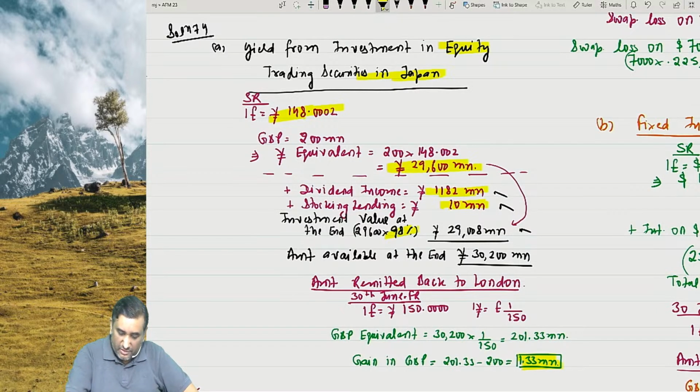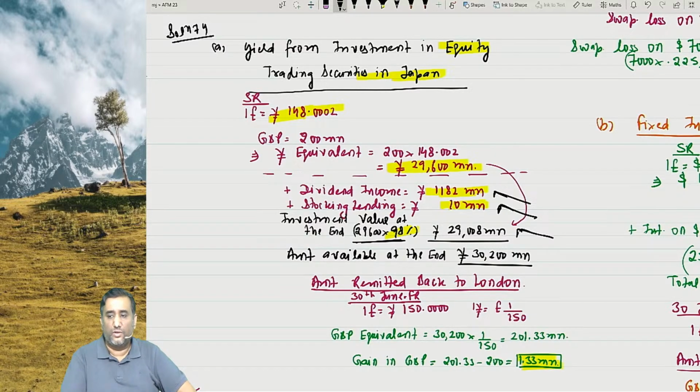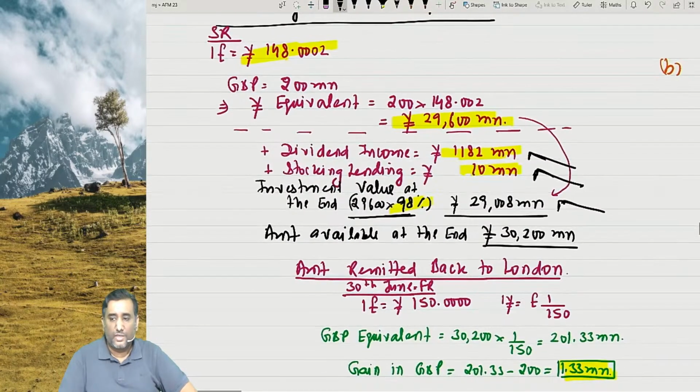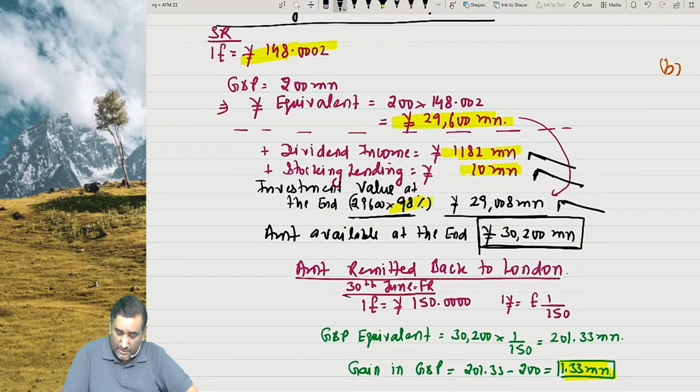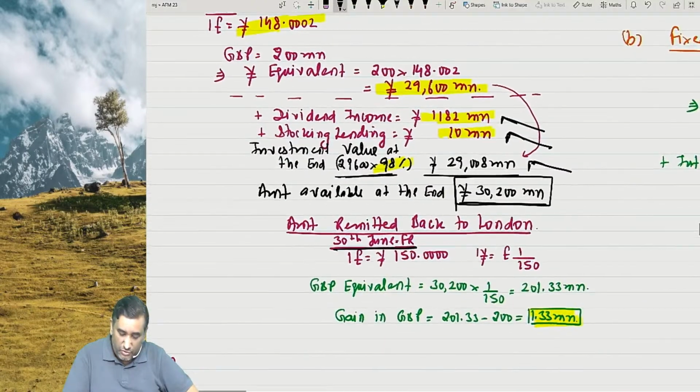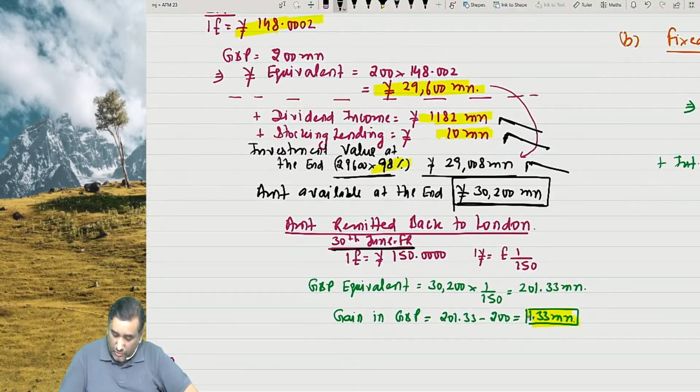So basically you have three values here: 1182 10 million plus 29,008, because he says after the dividend your value will fall down, and you will have at the end what available? 30,200 million. Convert back at what rate? 30th June. So when you convert back at 30th June, in hand you return back in GBP 1.33.